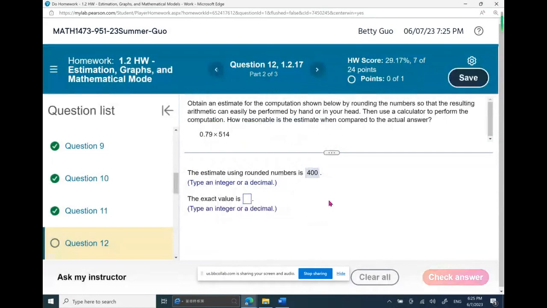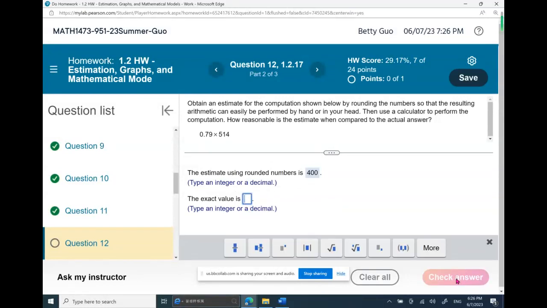Yep. The exact value. Okay. So 0.79 times 514. The actual value is 406.06.